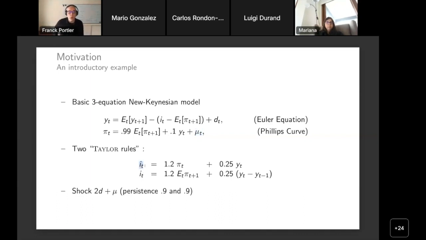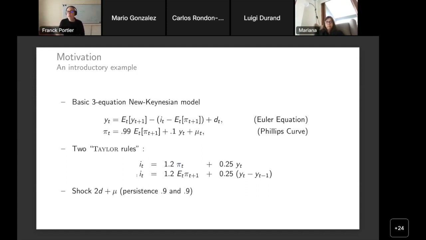And so here I'm using two possible Taylor rules that both satisfy the narrative of what a Taylor rule is. The first one makes the central bank increase the nominal interest rate if inflation is high, and increase the nominal interest rate if the output gap is also high. Then the second one is some other incarnation of the same idea.